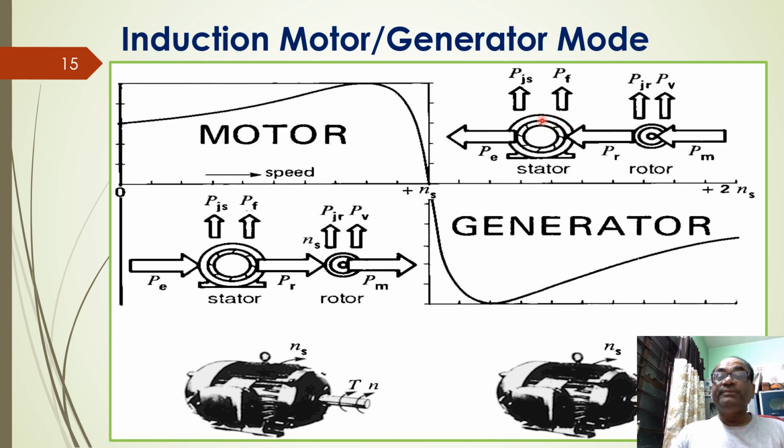You can see in this picture that mechanical power is getting inputted to the rotor winding first, and after supplying its copper loss and windage loss, it goes to the stator, and then it has to meet core losses and copper losses, and the rest of the power available will be supplied back to the system. System means the three-phase power it is connected to.